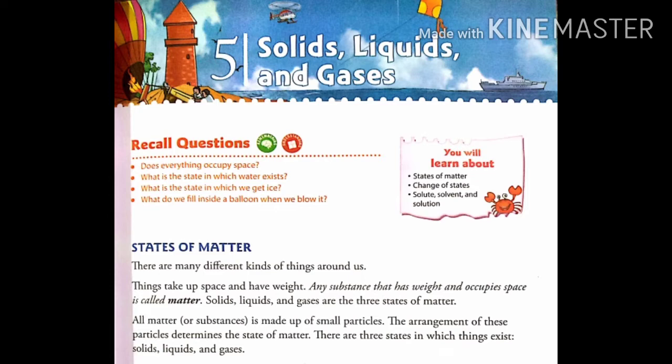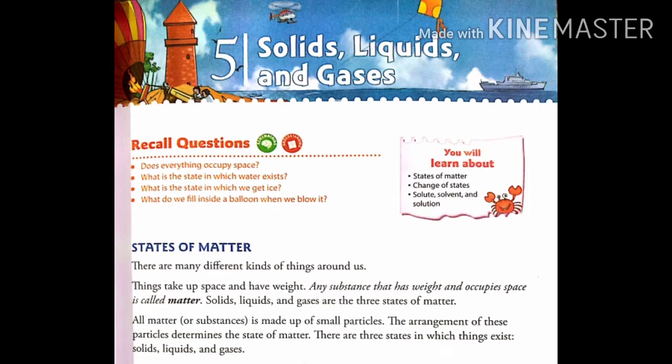Just like the human body is made up of cells, similarly every kind of thing, non-living thing, is made up of small particles which we call molecules in the language of science. And how these molecules are arranged in a particular thing determines its state. Getting my point? The arrangement of the tiny particles or molecules in a substance determines its state, whether it is solid, liquid or gas.